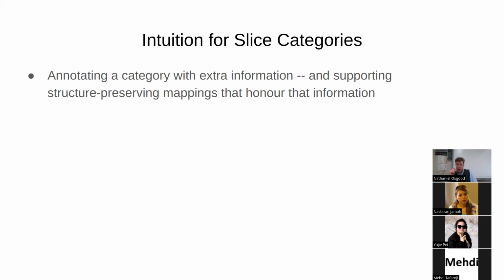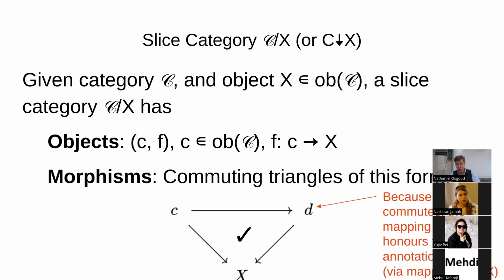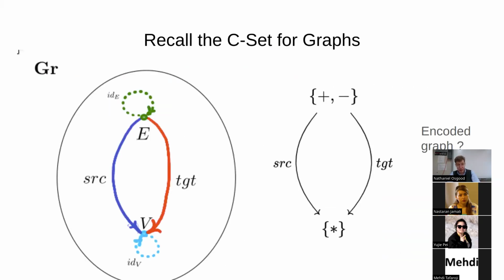But not only associating them with that extra information, sort of tagging it onto them, but ensuring that the morphisms in that underlying category are adapted to honor that information, to preserve it. In other words, morphisms in the slice category are not merely any old morphism in the original category. They're the morphisms in the original category that honor that underlying information. Now, this sounds very abstract, but I think you'll get the gist of it quite quickly.